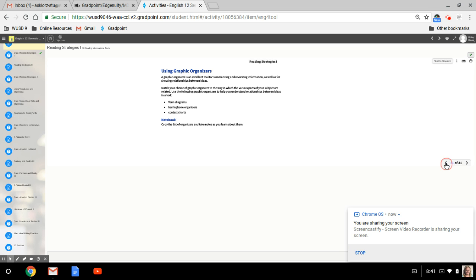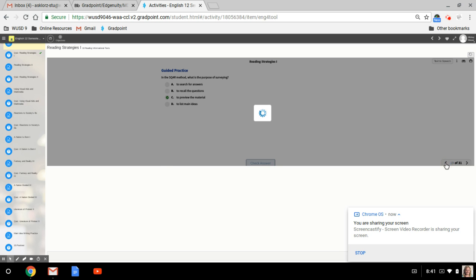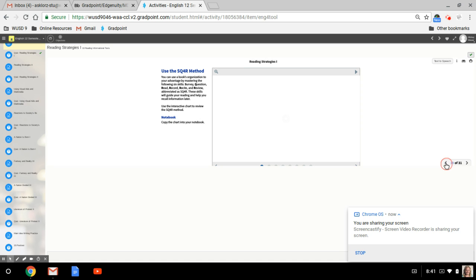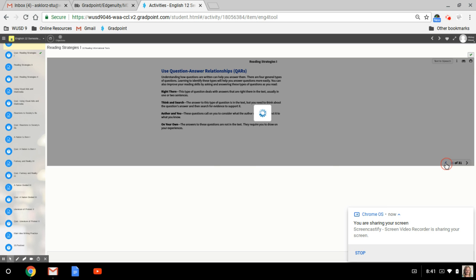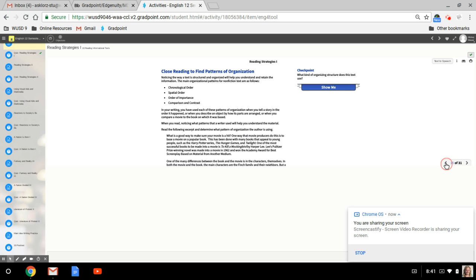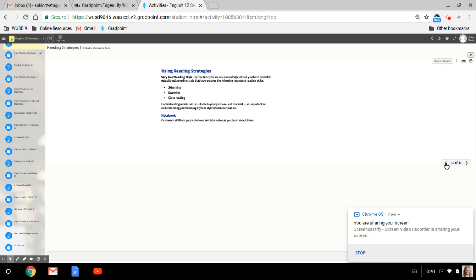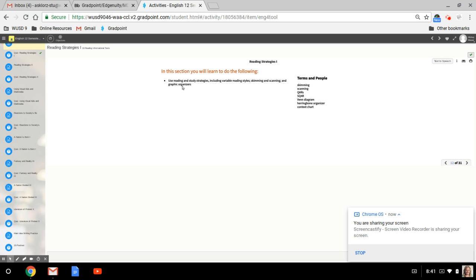Also important to have in your notes. At the very beginning of each lesson, they will also give you what's called your learning objectives, which are defined here so that you understand what you're going to focus on in this lesson, as well as the vocabulary.